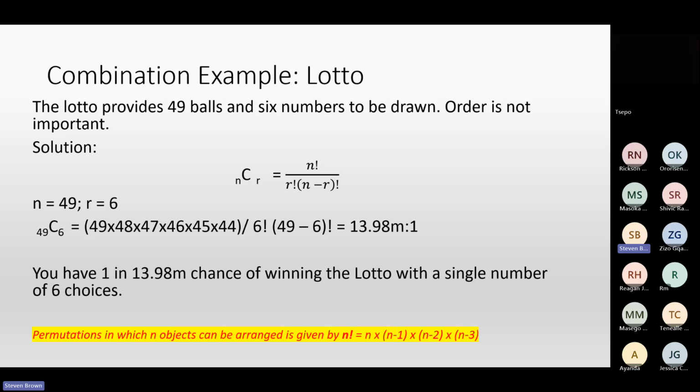And always remember that 0 factorial is also equal to 1, and 1 factorial is equal to 1. In this example, with 49 balls and 6 numbers, your chance of actually winning the lotto is 13.98 million to 1. So you can understand why the lotto is, look, you're in with a chance, but a 13.98 million to 1 chance of getting it. Numbers go up dramatically if you change that to 52 balls. All right, so that's combinations.